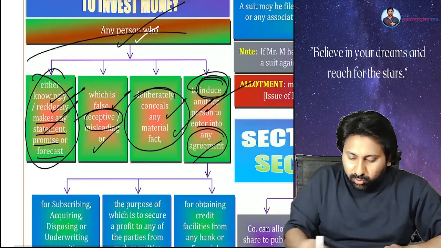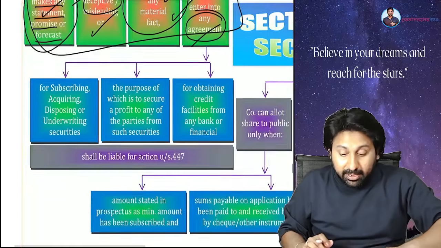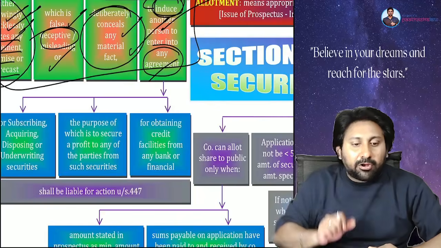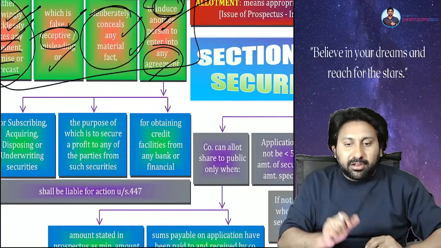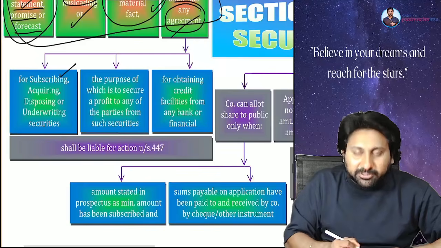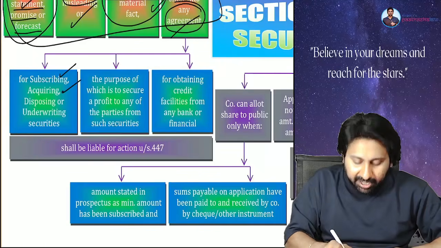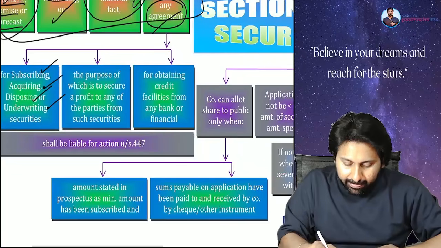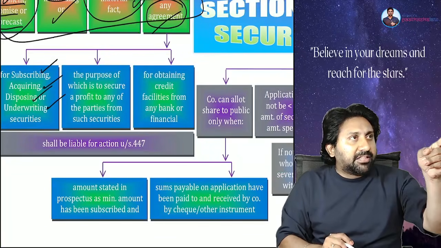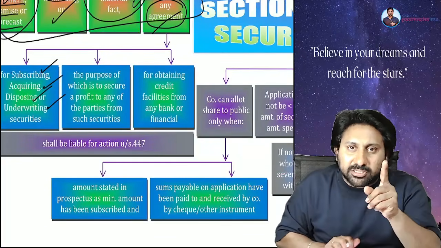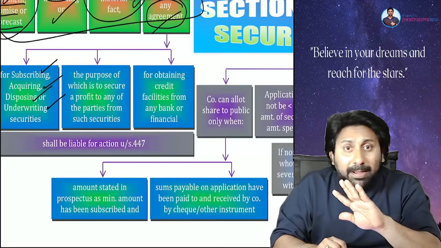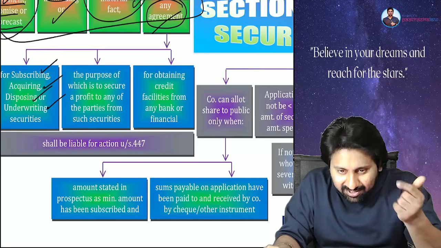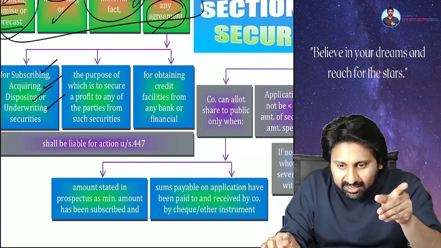Any person who does any of these four, inducing an innocent fellow like you to enter into an agreement. Which agreement? Agreement to subscribe, agreement to acquire, agreement to dispose, sell, agreement to underwrite securities. Or you said, buy the options and futures. Options and futures is one concept. You will not buy the share, you will not sell the share.